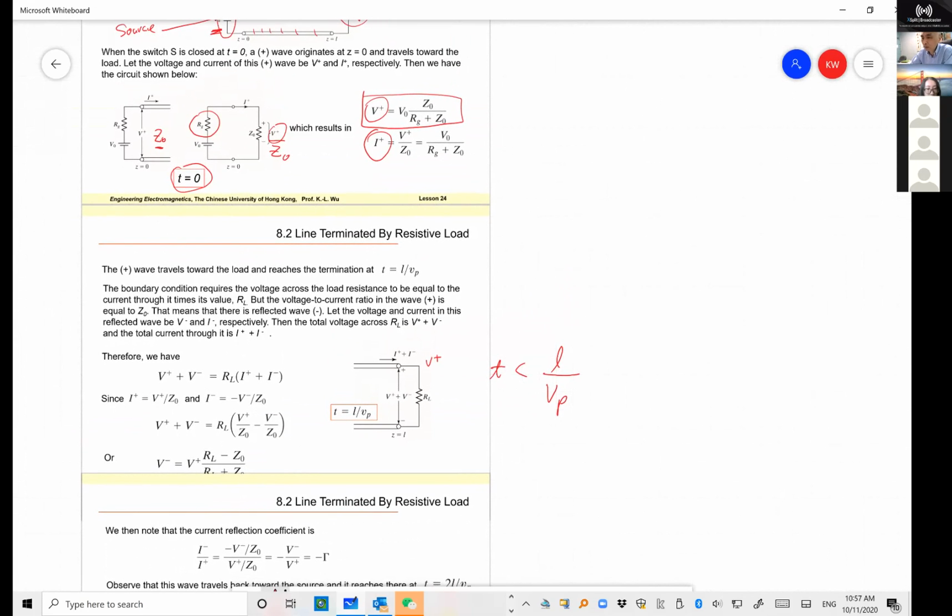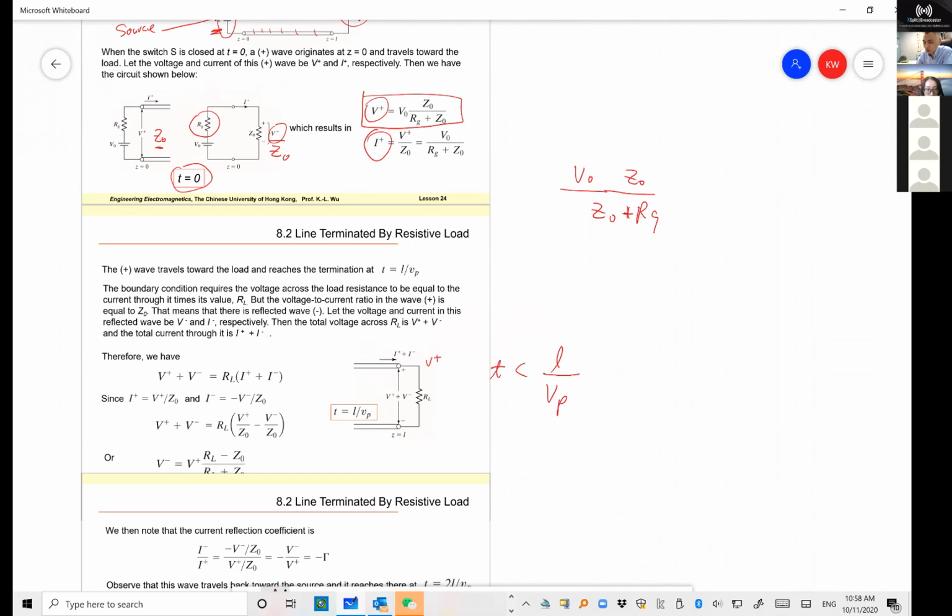The voltage V1 plus is V0 times this. But this voltage is contradictory to what?